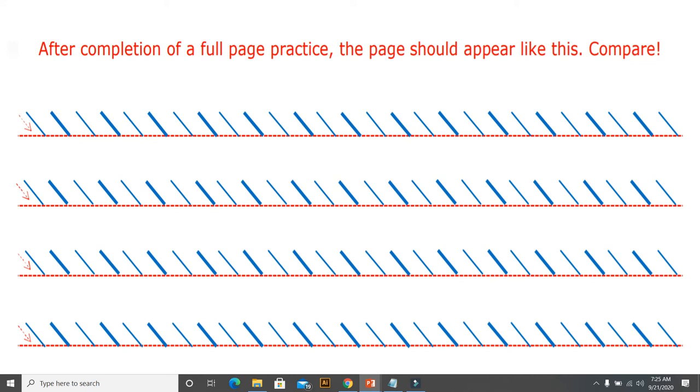Never overwrite to make it darker. Press your pencil once to write dark, and for the lighter, do not press that much. So one is direction, second is angle, third is how you write. Never overwrite, remove it and then write.